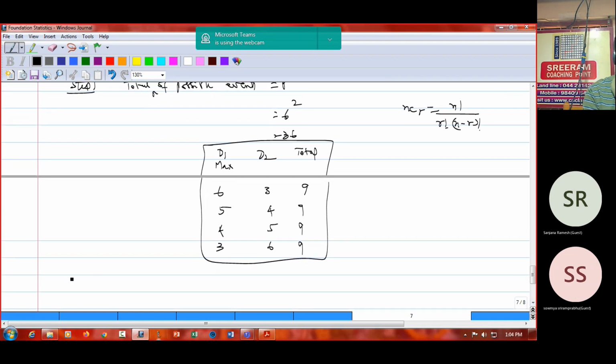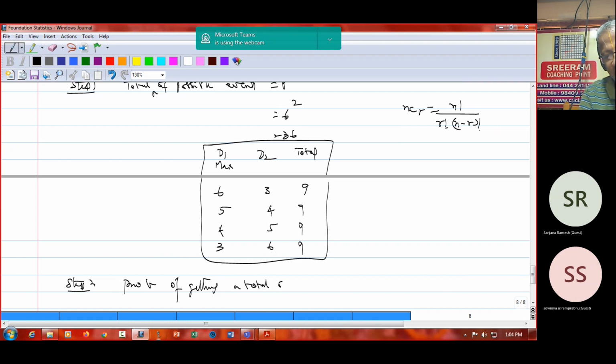So, step 2: probability of getting a total of 9 is 4 divided by 36, which is equal to 1 by 9. Correct? Final answer.